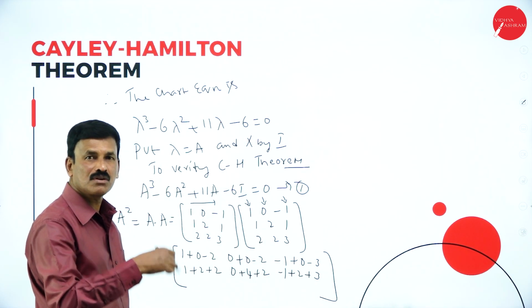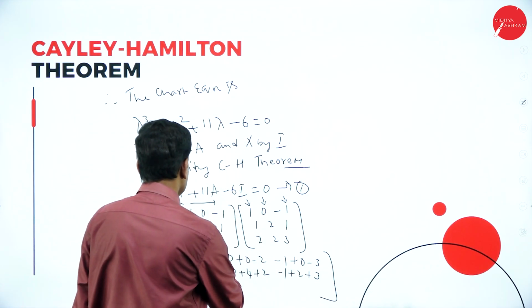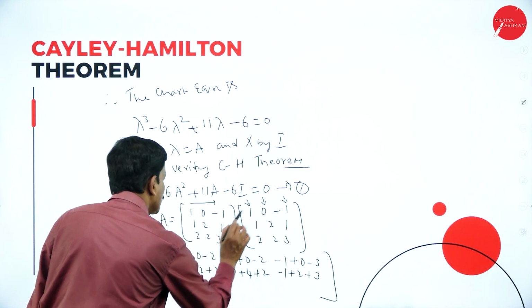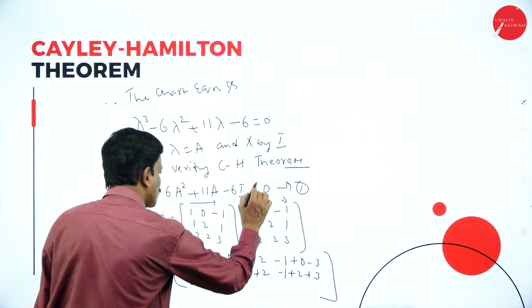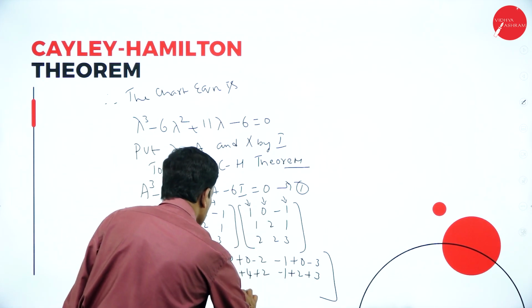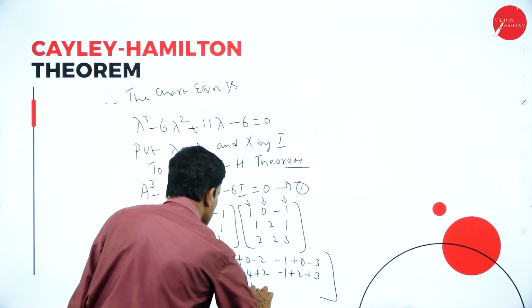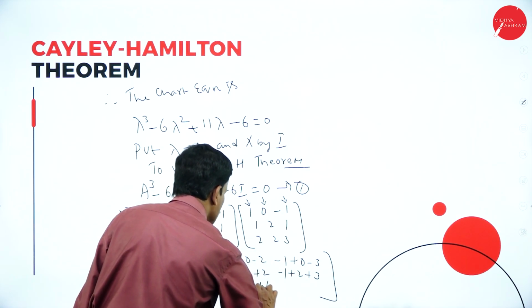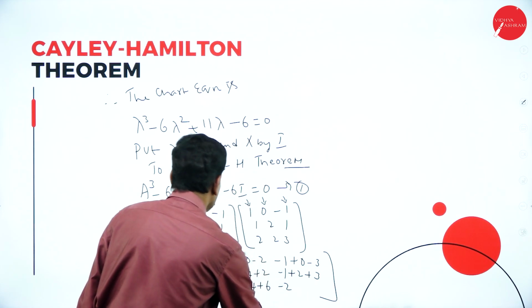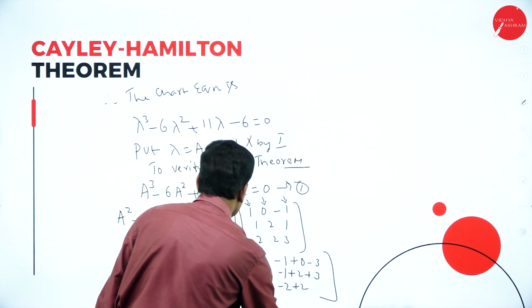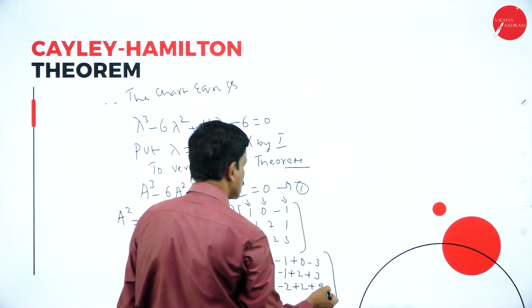Last row, first column: 2 into 1 is 2, 2 into 1 is 2, 3 into 2 is 6. Second column: 2 into 0 is 0, 2 into 2 is 4, 3 into 2 is 6. Last column: 2 into minus 1 is minus 2, 2 into 1 is plus 2, plus 3 threes are 9.